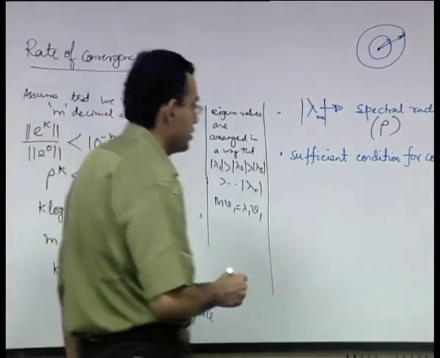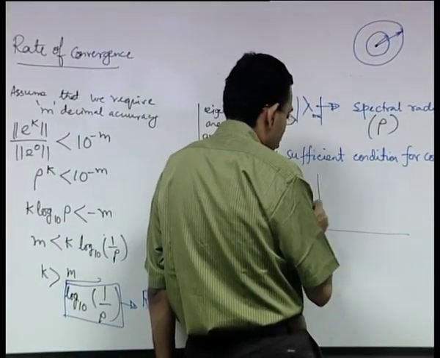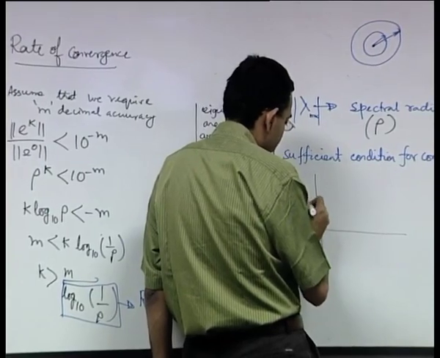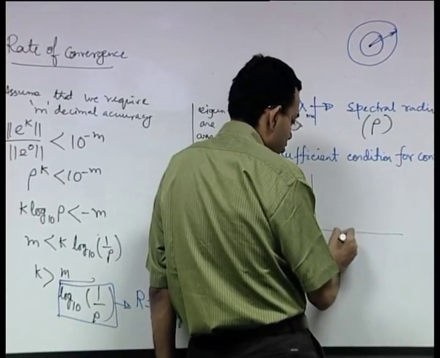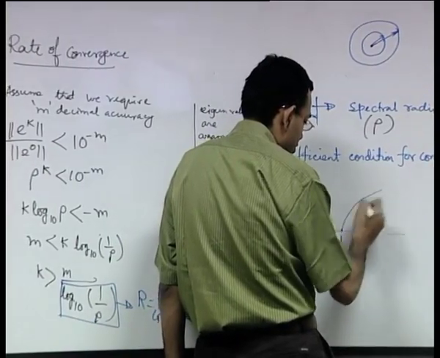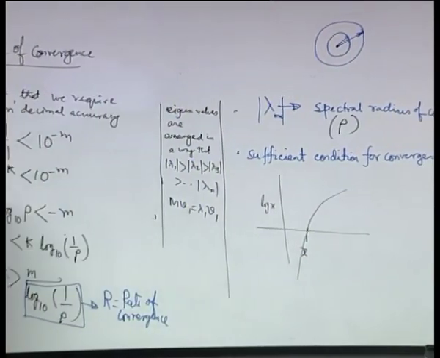Just keep in mind that the rate of convergence is related to log of 1 by the spectral radius of convergence. So, if you make a plot of log x versus x, it will be something like this, right.